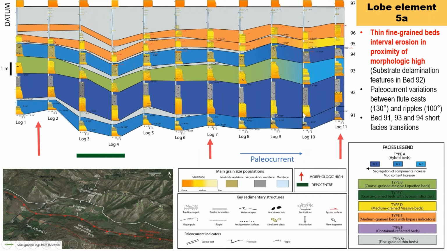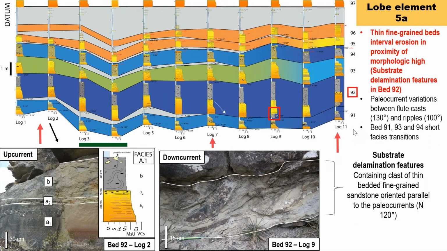So with this first flattening, we can appreciate that the thin fine-grained interval thins and pinches out in proximity of the subtle morphological high, and the erosion of the substrate is also highlighted by the presence in logs 9 and 11 of substrate delamination features.